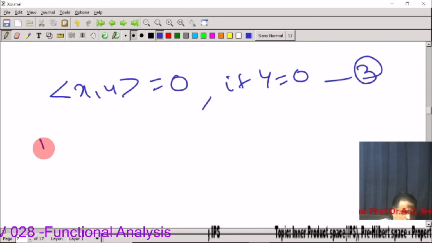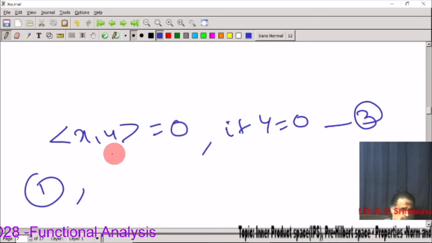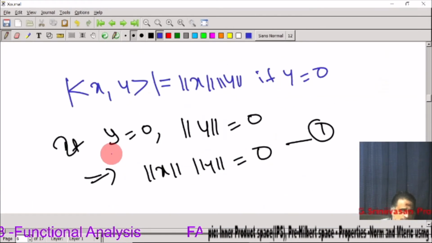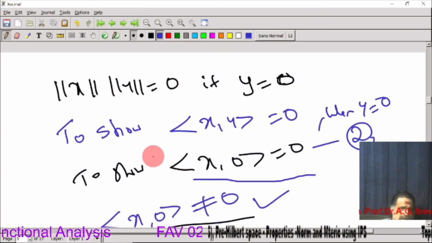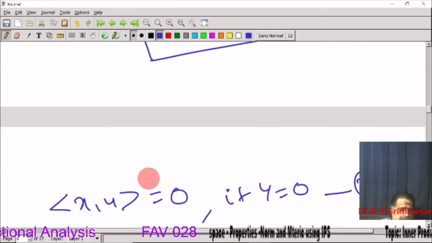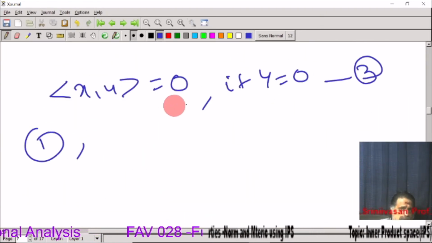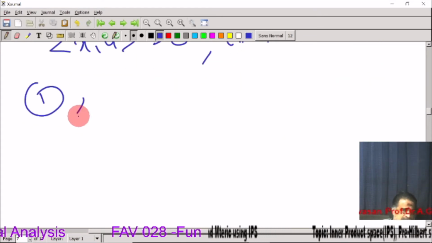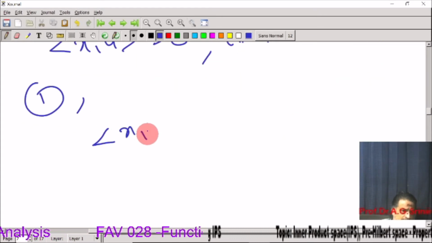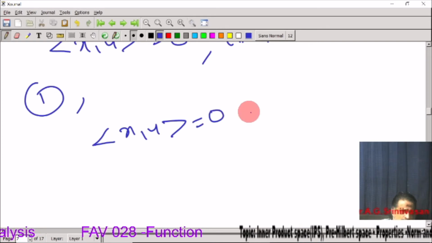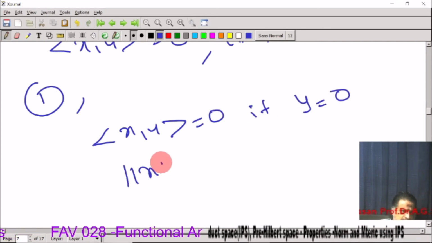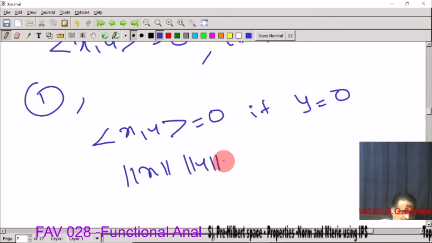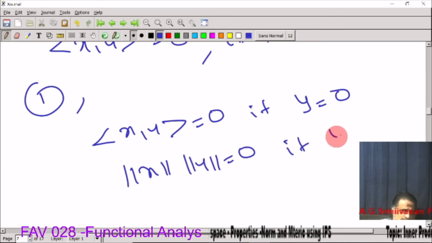Equation 1 says norm x into norm y is equal to 0 if y is equal to 0. Equation 3 says the inner product xy is equal to 0 if y is equal to 0. That means the modulus of the inner product xy is 0 if y is equal to 0, and norm x into norm y is equal to 0 if y is equal to 0.